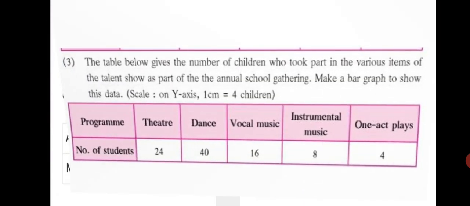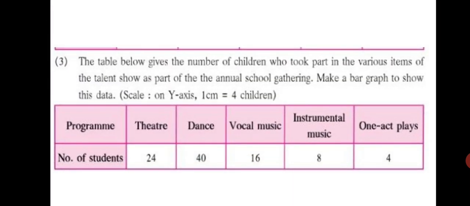Now, let's go to question number 3. The table below gives the number of children who took part in the various items of the talent show as part of the annual school gathering. Make a bar graph to show this data. Scale on y-axis 1 centimeter is equal to 4 children.